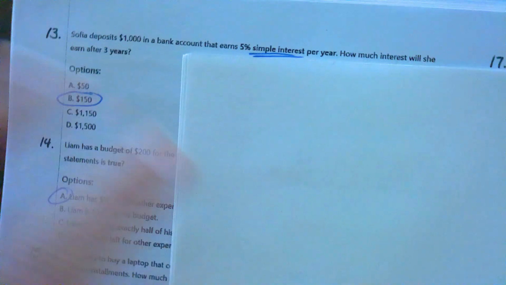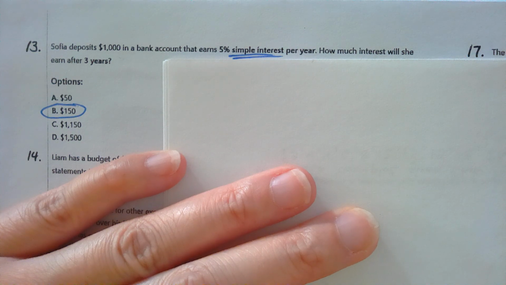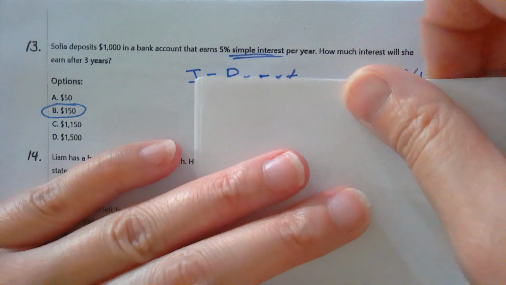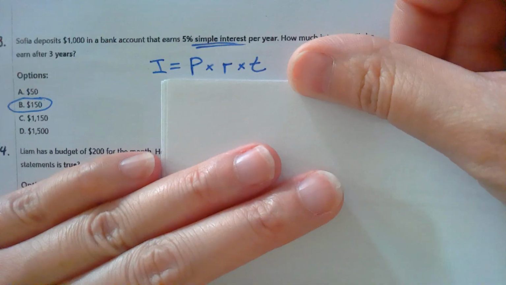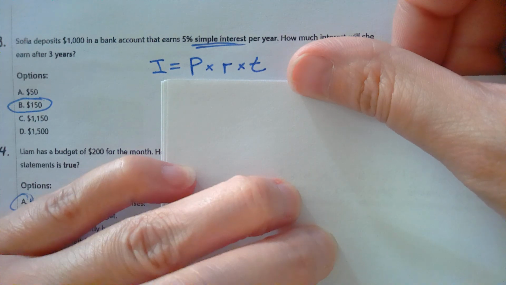Okay. Number 13, simple interest. What is the simple interest formula? I equals. Right. Okay. I equals P times R times T. Nikon, do you remember the compound interest formula?